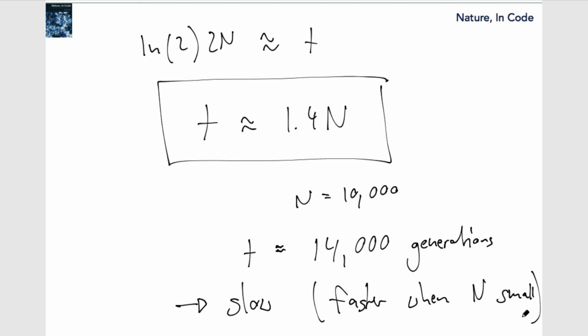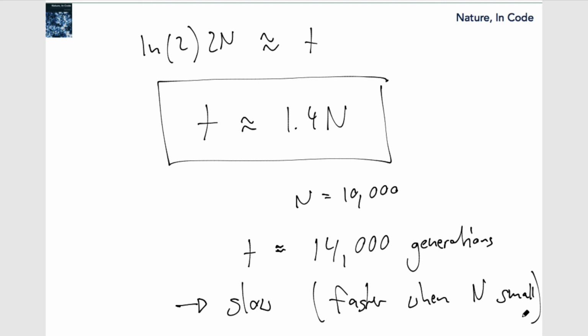That was the first insight. The second insight was that this effect crucially depends on the population size, and it is stronger when populations are smaller. And the third insight was that the process is, generally speaking, quite slow. It takes about 1.4 times n generations to reduce the genetic variation by half.